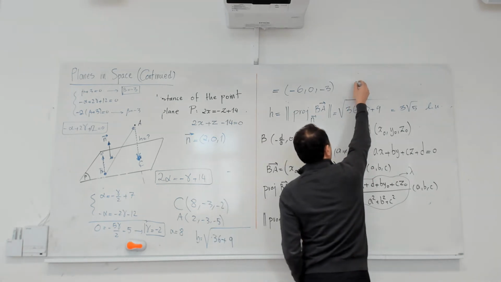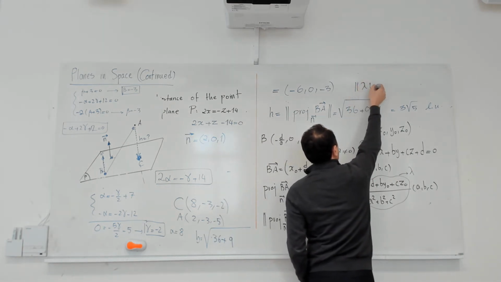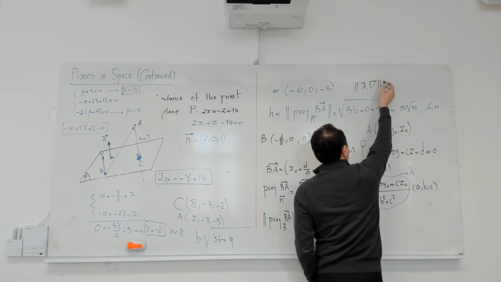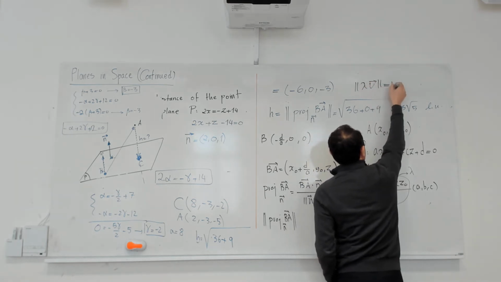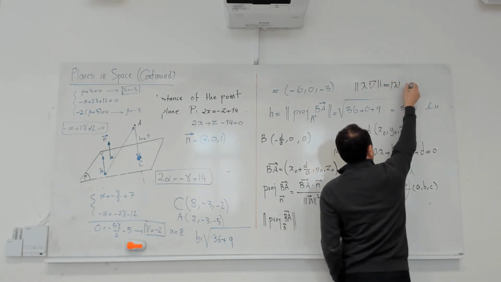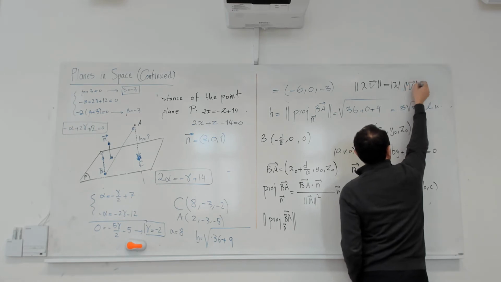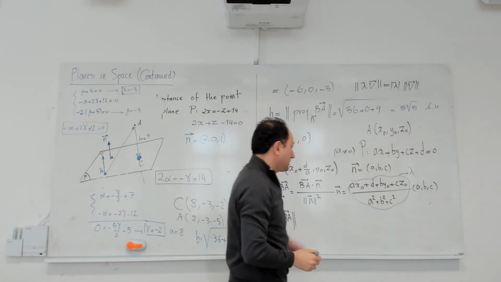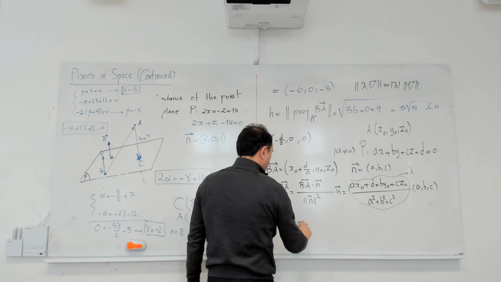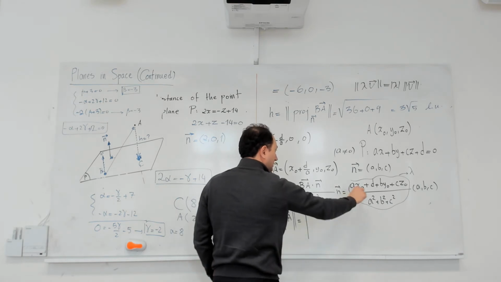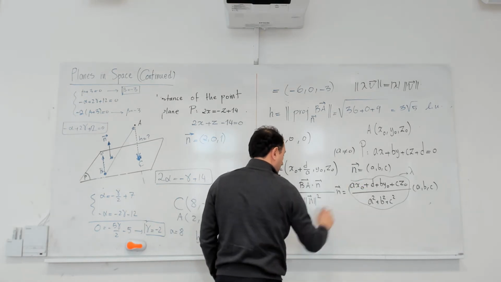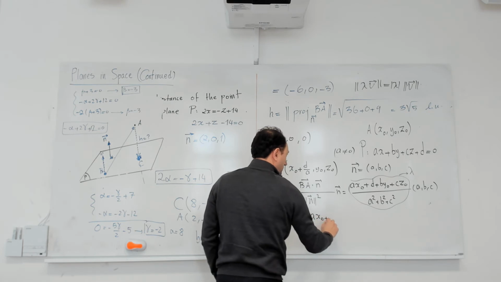Do you remember, if I have the norm of lambda multiplied by my vector, what I'm supposed to do? I have to take the absolute value of the number, take the norm of the vector, and then multiply them. That's the same story here. So this becomes the absolute value of this lambda. If you don't mind, let me write it in order.